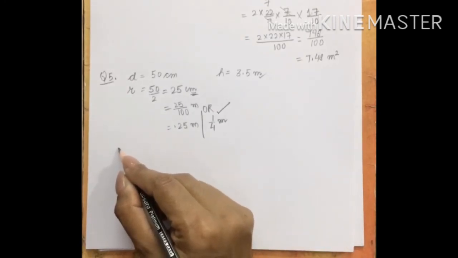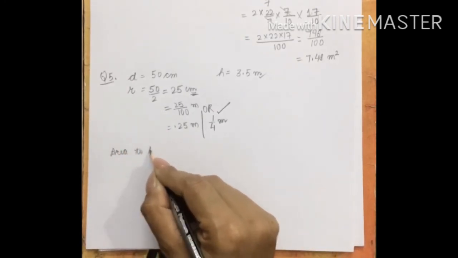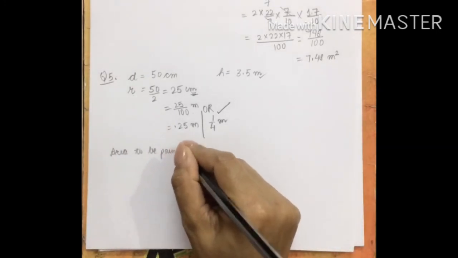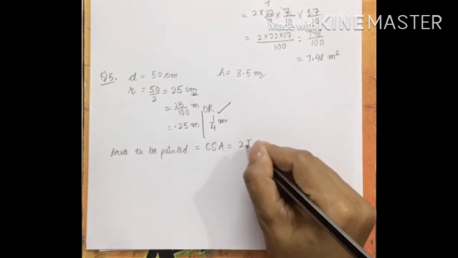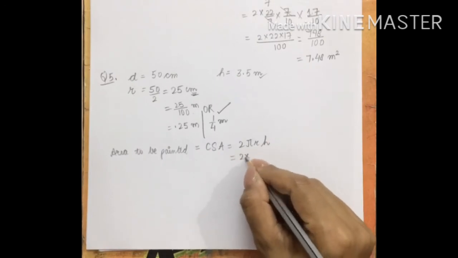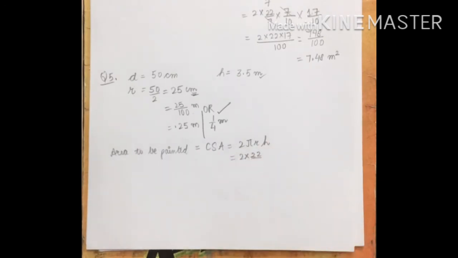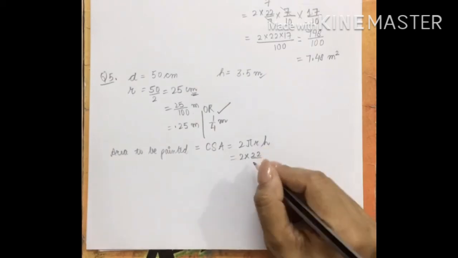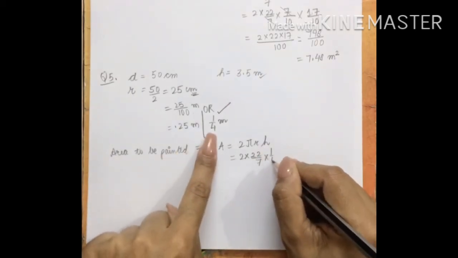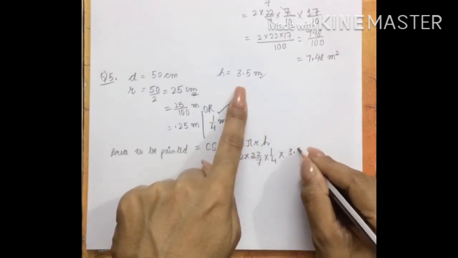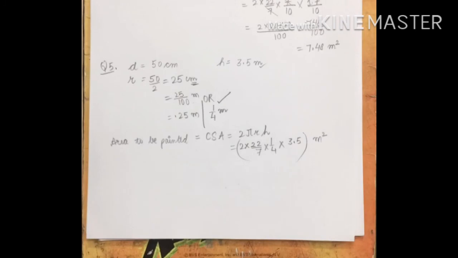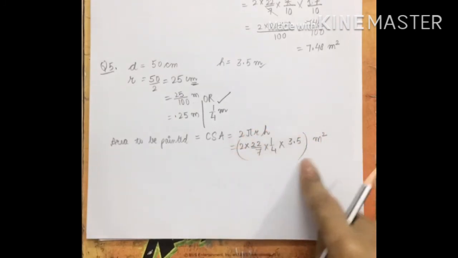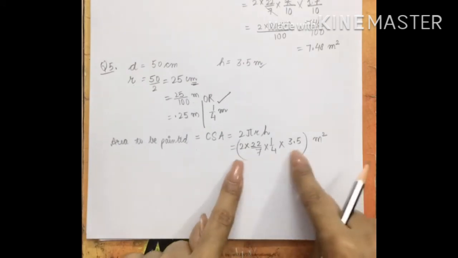Now I need to first of all find out the area to be painted. The area to be painted is the curved surface area, which should be given by 2 pi r h. So this is 2 into the value of pi will be 22 by 7 because it's not indicated otherwise. The radius is 1 by 4 into the height is 3.5. So this will be the area to be painted. Now what you can do is you can either simplify here, or since in my question, I actually don't require to find out the area, I just need to find out the cost, I'm not simplifying here.